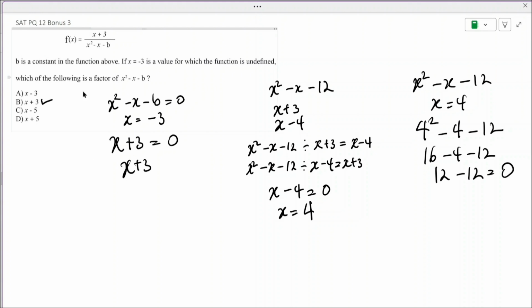But in this case, since you see the relationship between the undefined value and factors of a polynomial, you just take this x equals -3 and you take the -3 to the left to meet x. Then you now have x plus 3. And that can just be done in 1 second, knowing that x plus 3 is the answer. Hope you understand.